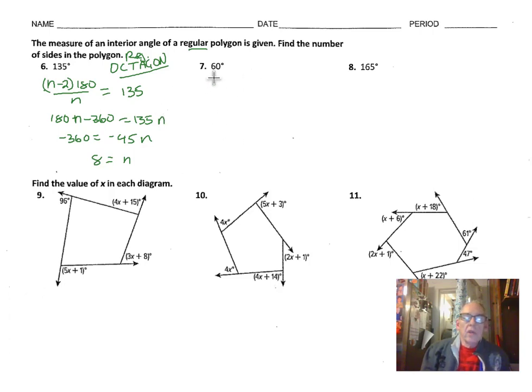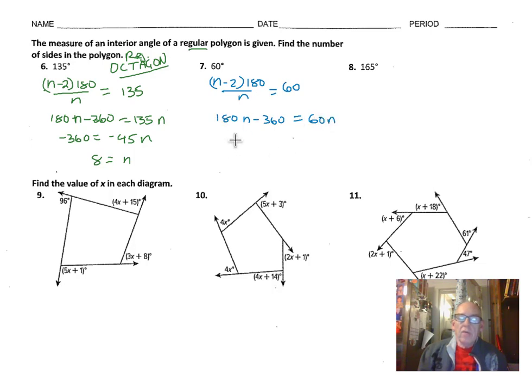Okay, same idea for number 7. So we're starting with n minus 2 times 180 over n. And when we calculate everything with the right n, this is going to come out to be 60 degrees. So distribute the numerator: 180 times n is 180n, minus 2 times 180 is 360, and that's equal to, multiplying both sides by n, 60n.